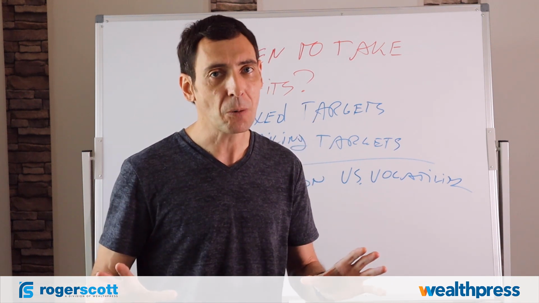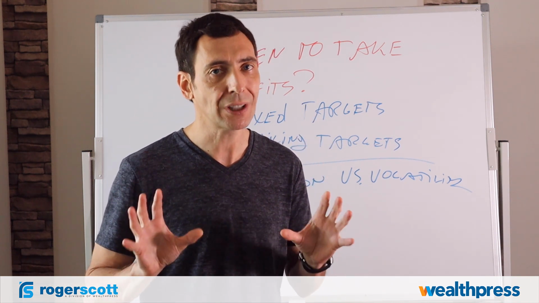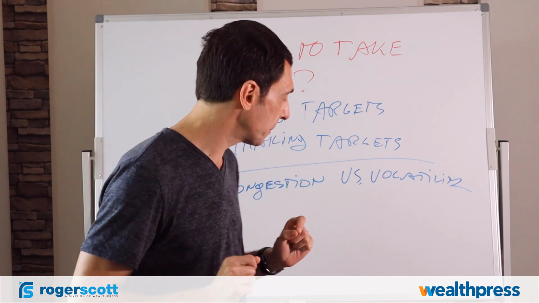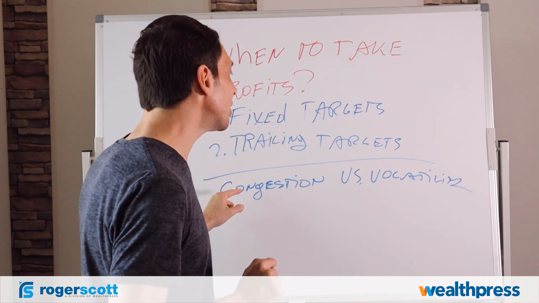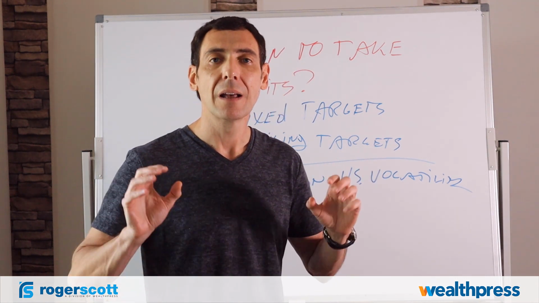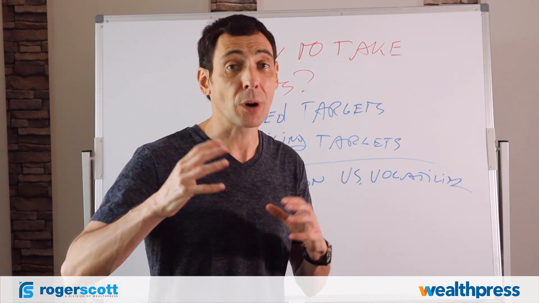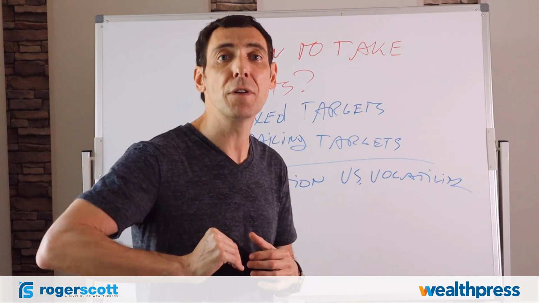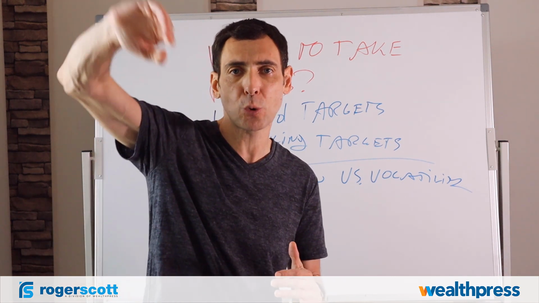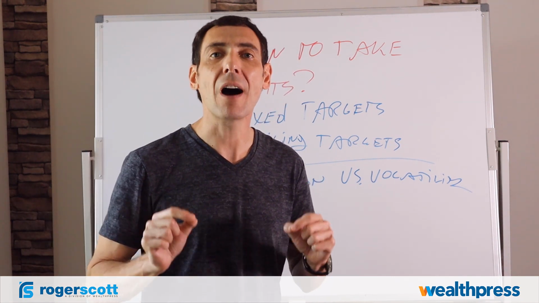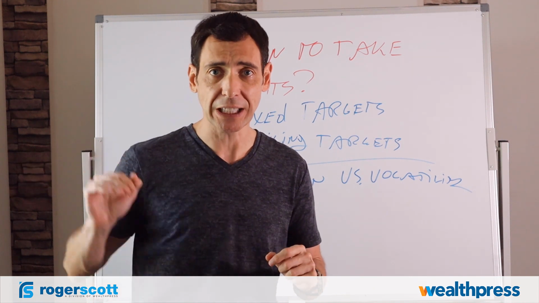Now, before I let you go, I'm going to leave you with a really good tip: congestion versus volatility. This will help you set your stops. Whenever a stock or a commodity or a futures contract is moving parabolically or being driven trend-wise with momentum, the odds are strong it's going to start congesting.